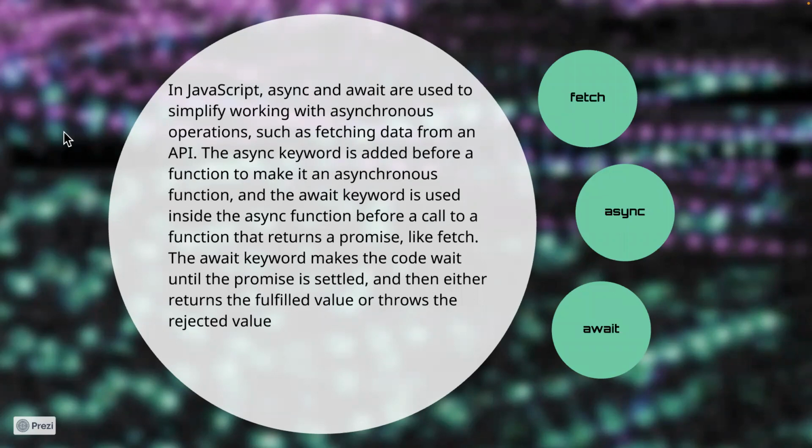The async keyword is added before a function to make it an asynchronous function. And the await keyword is used inside the async function before the call to a function that returns a promise. Okay, we'll go over what a promise means.